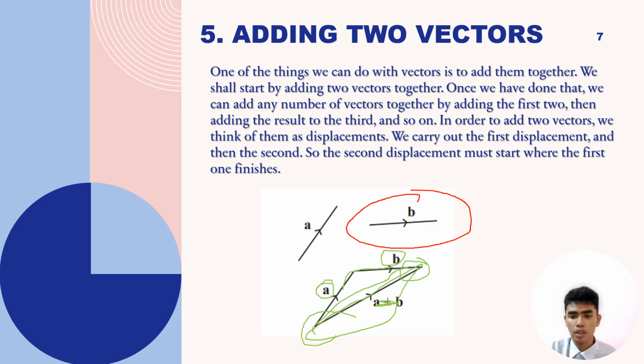So A plus B is the magnitude in the direction of this point. A plus B, this magnitude plus this magnitude, starts from this point and ends at this point, the same as this, but in a more direct direction.